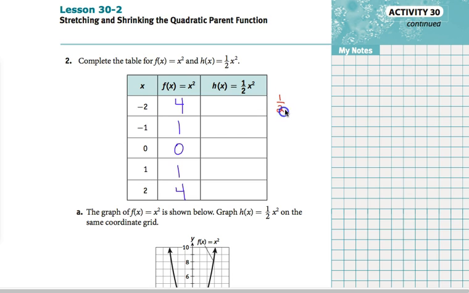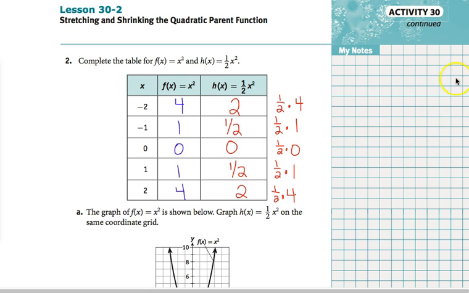So 1/2 times 4. Down here we'll do 1/2 of 1, 1/2 of 0, 1/2 of 1 again, and then 1/2 of 4. So half of 4 is 2, half of 1 is 1/2, half of 0 is 0, and this would be 1/2 again, and this would be 2 again.